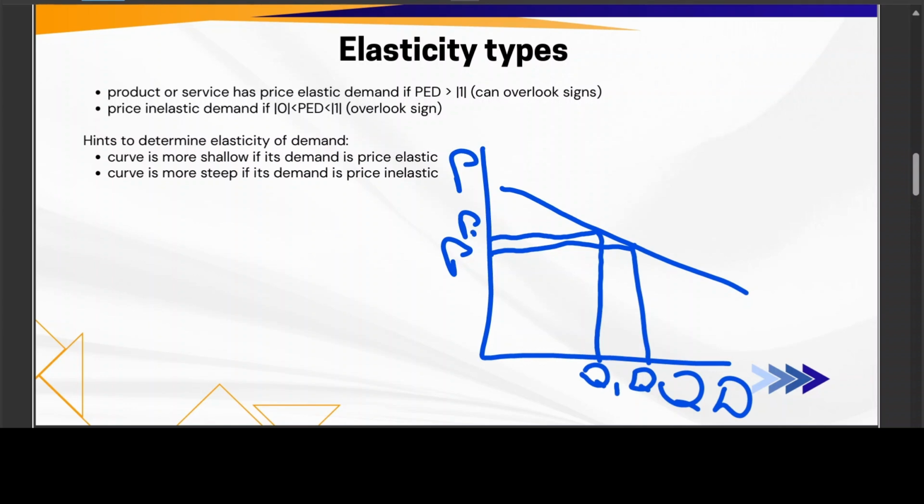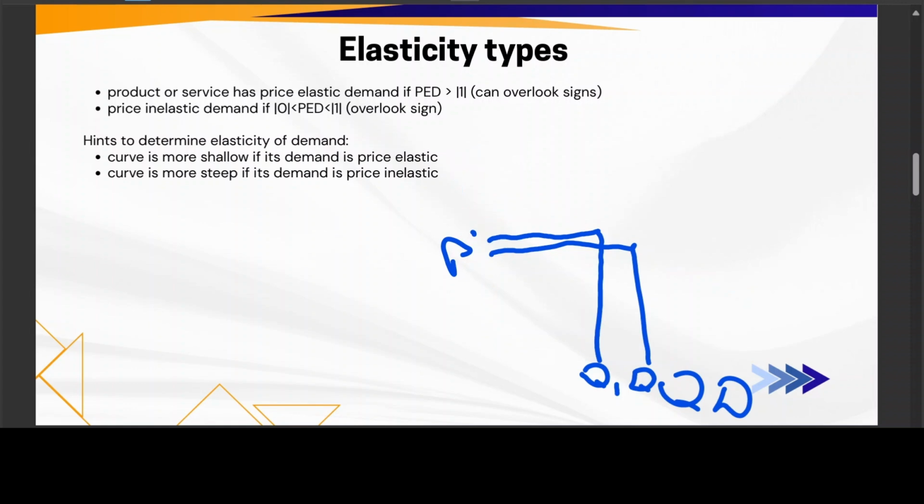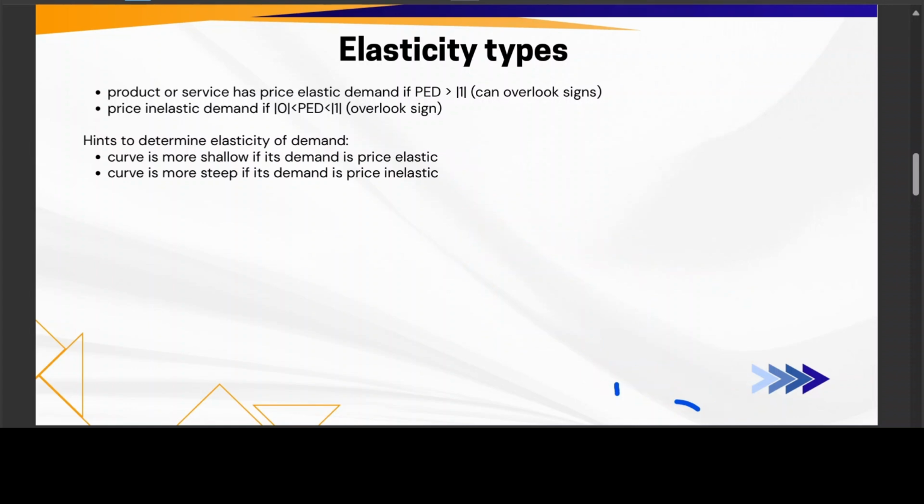And if you just look at the steepness of the curve or line, you can just tell without even calculating. And in order to determine if it is price inelastic, you can tell by another feature.